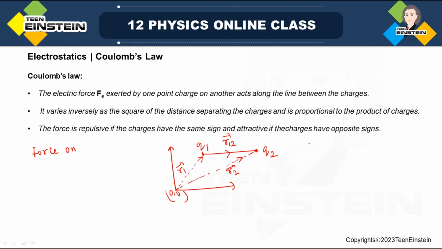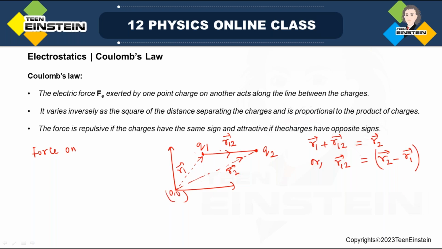R1 plus R12, just by using the triangle rule of vector addition. So we can write this is R2. So look from here, we write R12 to be R2 minus R1 according to my direction.